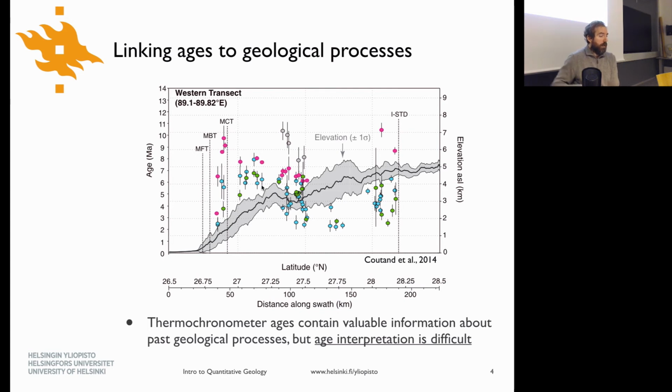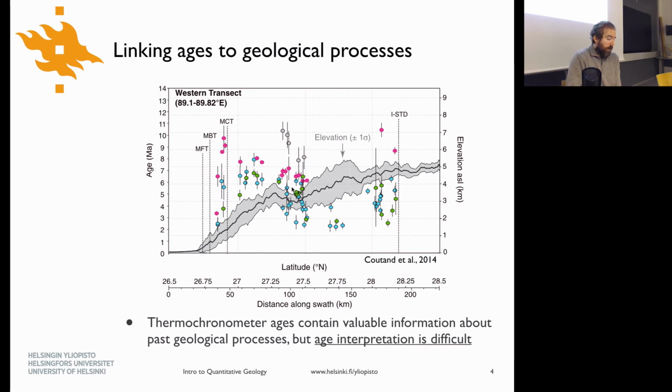So you can see there are some interesting age patterns here for the different mineral systems: ages are very young in the south, and then they get a bit older, and then gradually get younger as you go further to the north. And then they have the youngest ages in the areas where there's the most relief, or the largest values for the standard deviation in elevation, and then ages maybe get a little bit older as you go further to the north.